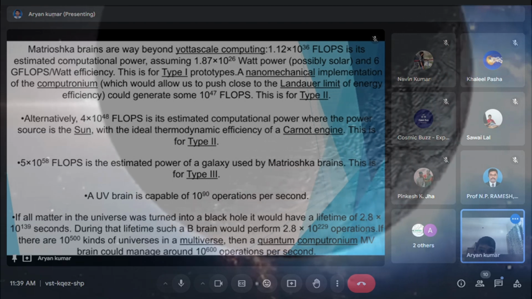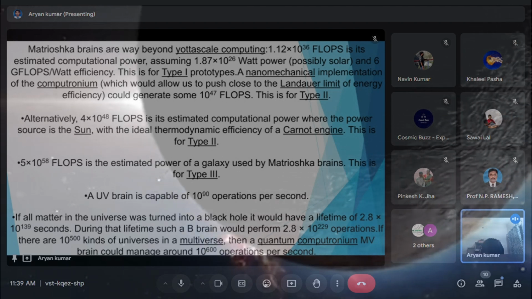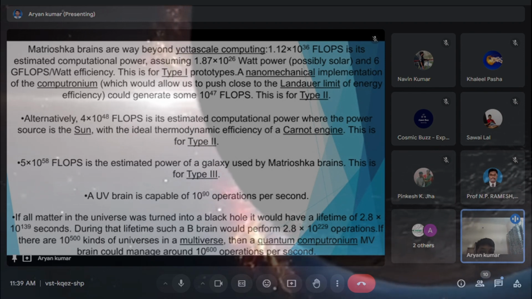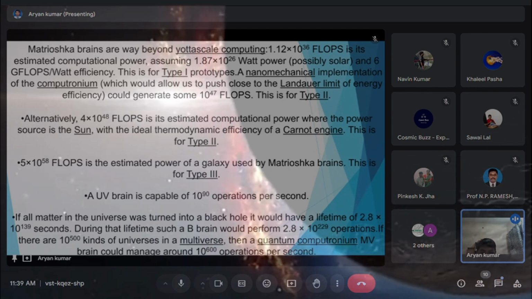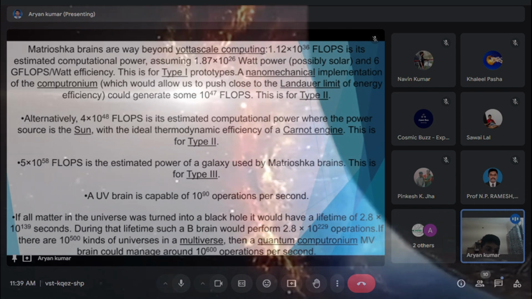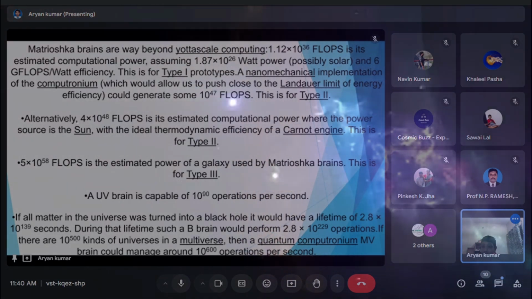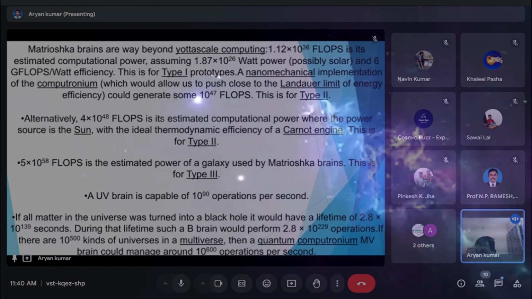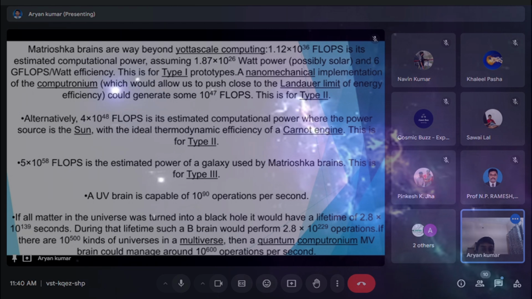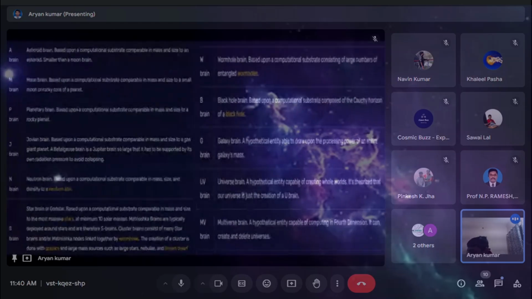As you can see in the slide, there are FLOPS given. FLOPS are just thinking capabilities. An average human is about 10 raised to the power of 13 FLOPS. So these are way stronger than any human or computer. There are many types of Matryoshka brains, like asteroid types, stars, type 2 civilizations, and some of them are galaxies.